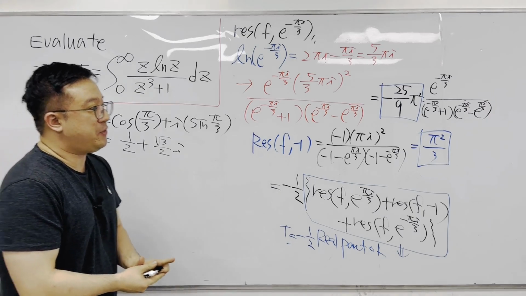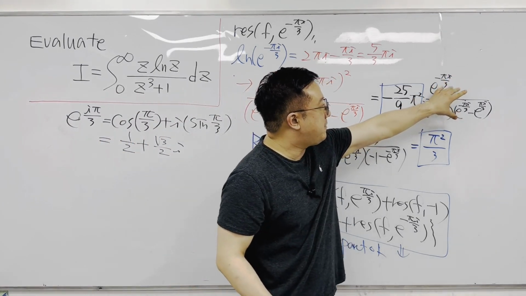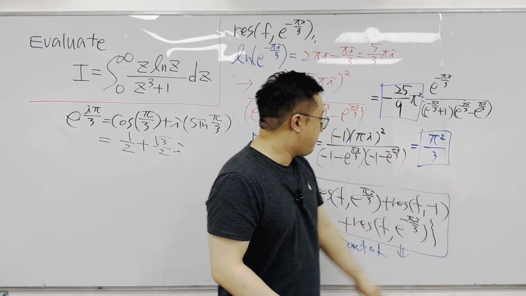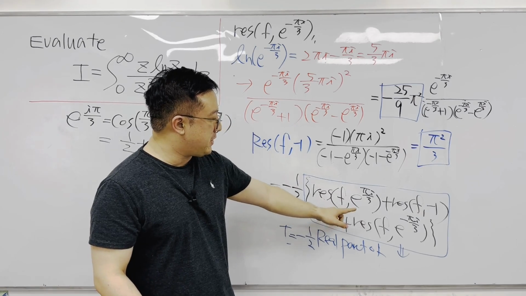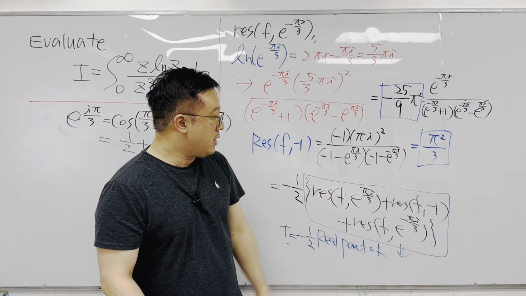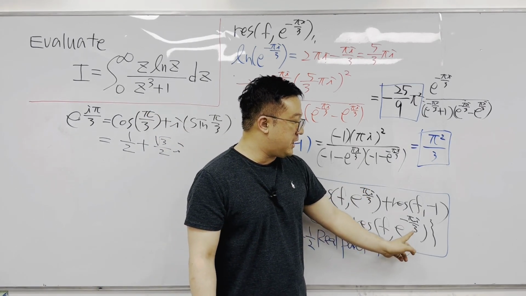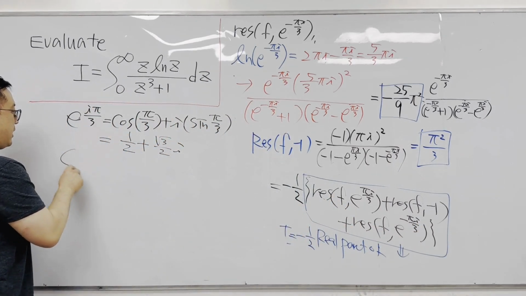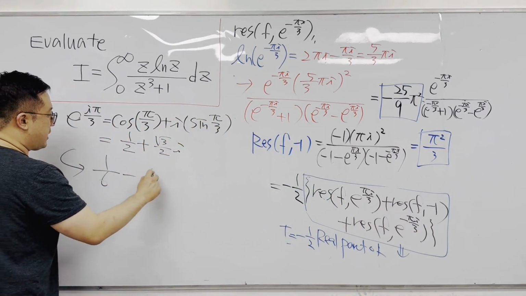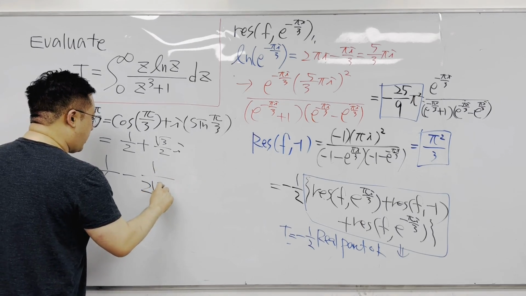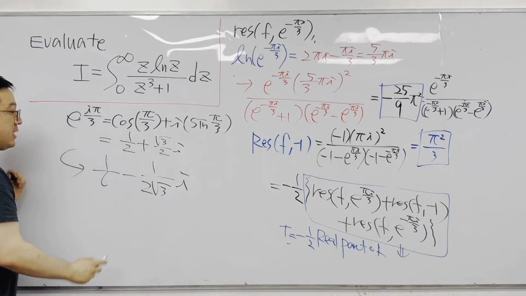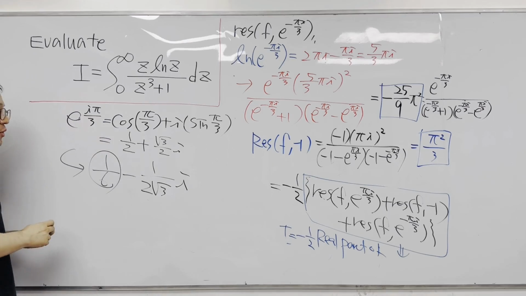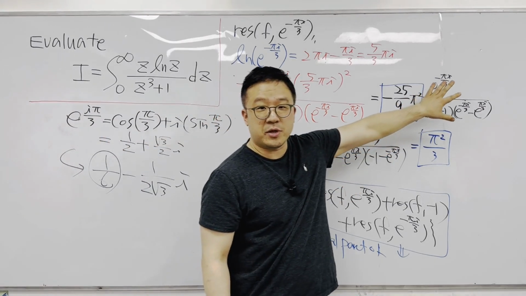Using this, if you calculate, we can easily say the value of this part for both the residue of f at e to the power of pi i over 3 and the residue of f at e to the power of negative pi i over 3. This will easily turn out to be 1 over 6 minus 1 over 2 radical 3 i. So that's why 1 over 6 has to be the real part of this expression.